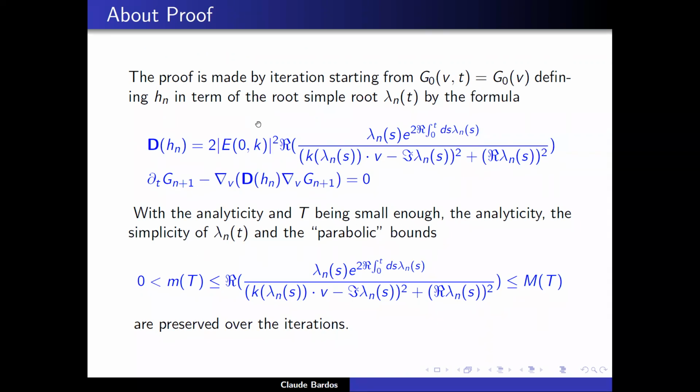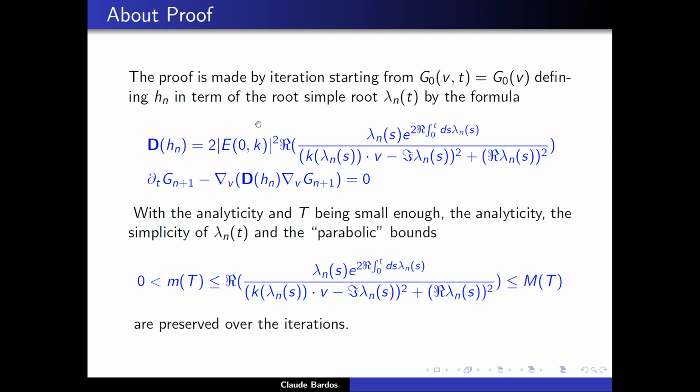I combine the two terms, and I obtain a coefficient which is positive, which is lambda s exponential 2, the real part from 0 of the integral of lambda n ds, minus lambda n of s minus v, the imaginary part of lambda s, plus the real part of lambda s squared.